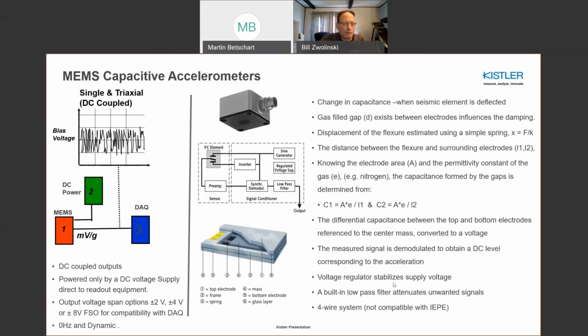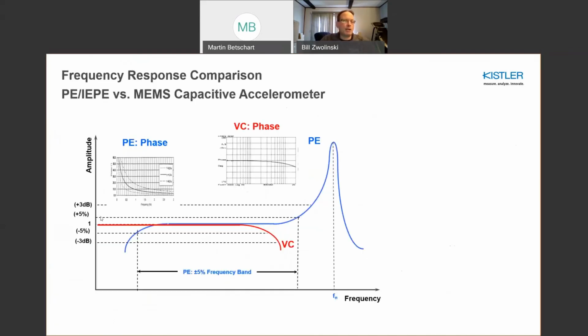So these are often used for large structures. Say you're doing structural analysis with large structures, very low operational modes. These are perfect. You get 0 hertz on up to, say, a couple kilohertz of operation. The frequency response is DC response for the MEMS capacitive, and AC coupled response for the piezoelectric.